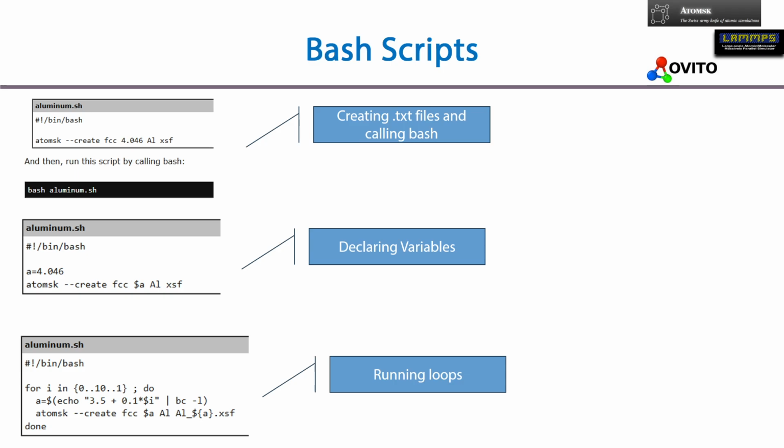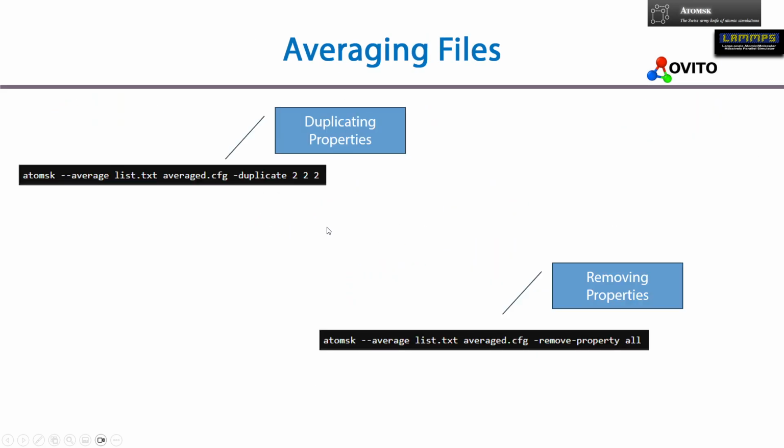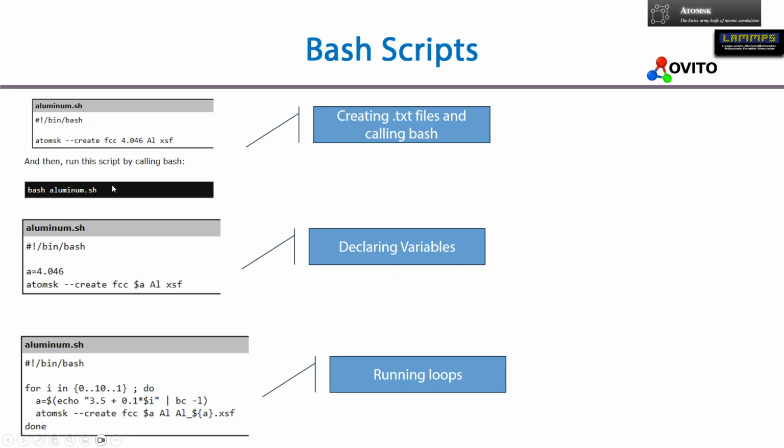The next concept is using bash scripts. It is a very important concept. So what does bash script mean? It is basically an executable script which you can run directly. What you are doing here is storing the text file in an executable script, known as a bash script.